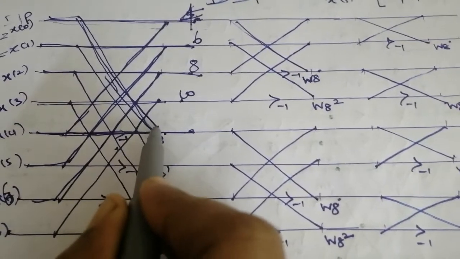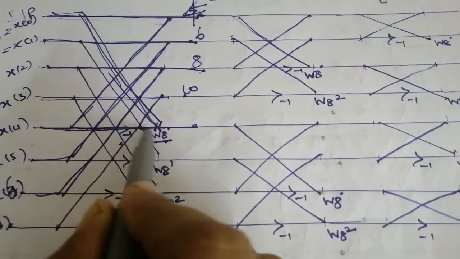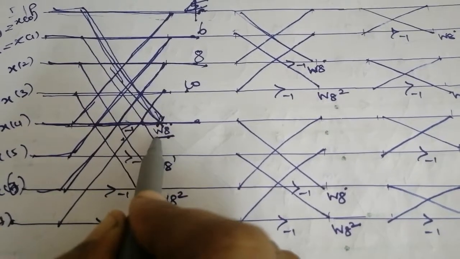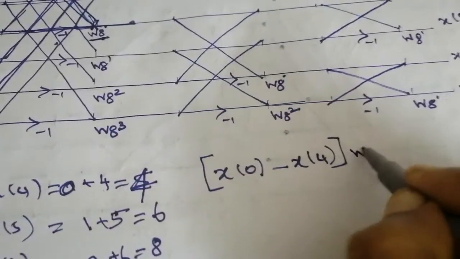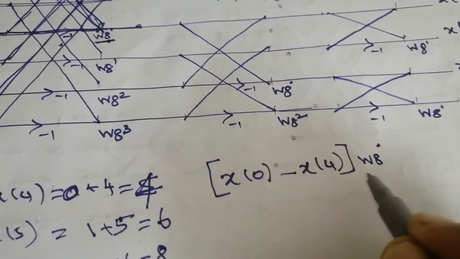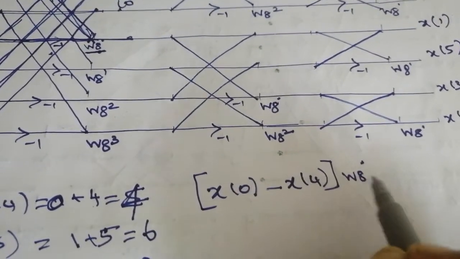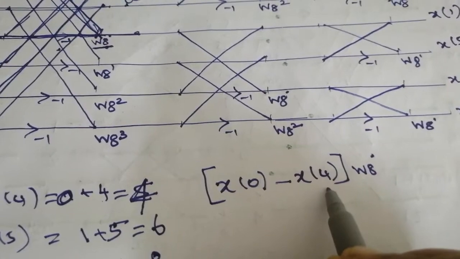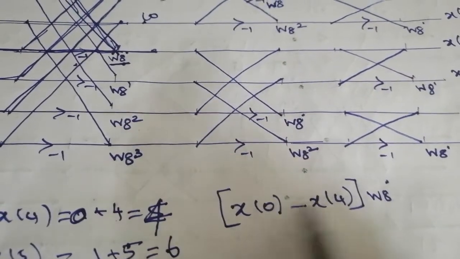After these 2 lines are combined, then it is multiplied with the twiddle factor. So here the twiddle factor is common for both terms, right? Whereas in DIT, the twiddle factor is only for that particular line. But in DIF, this twiddle factor is common for both lines.